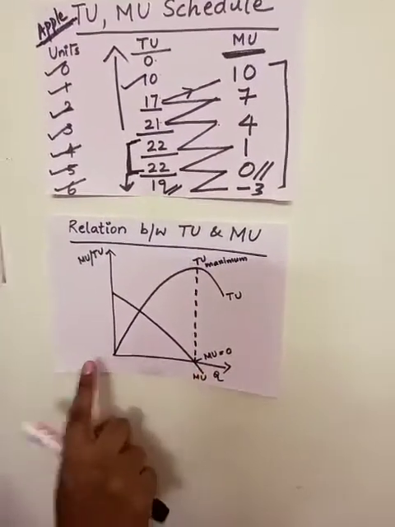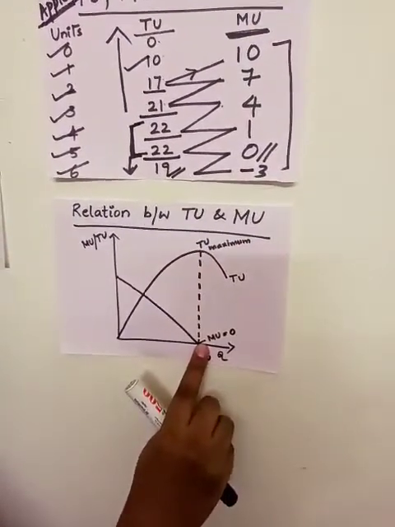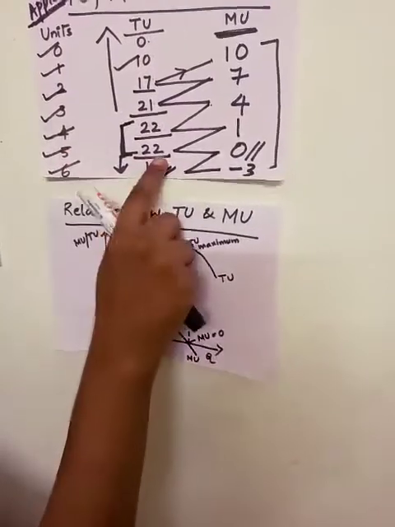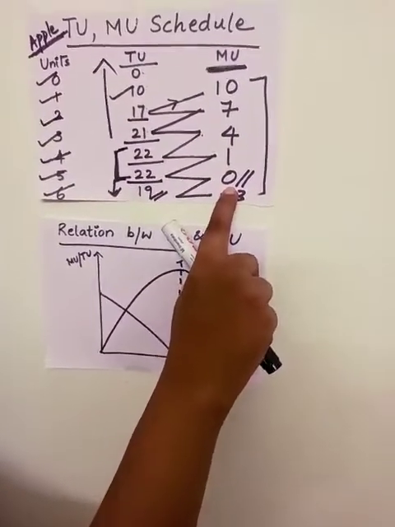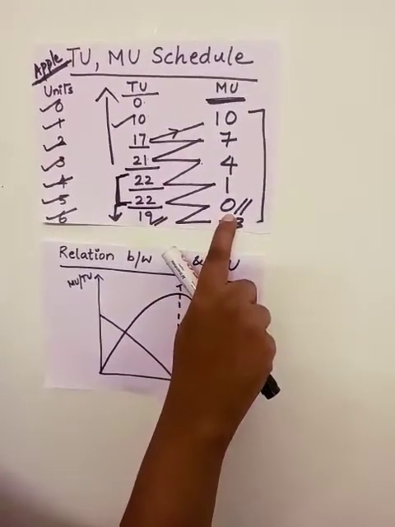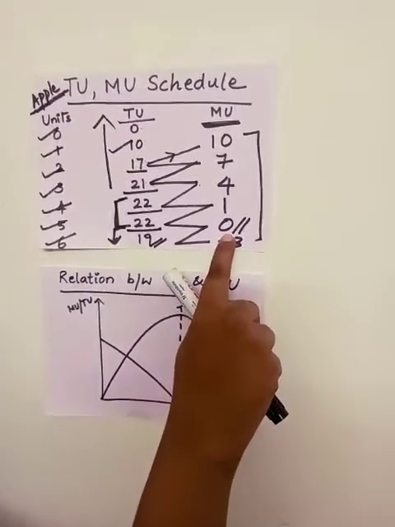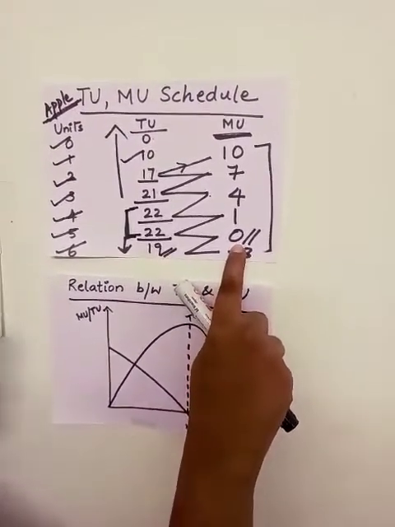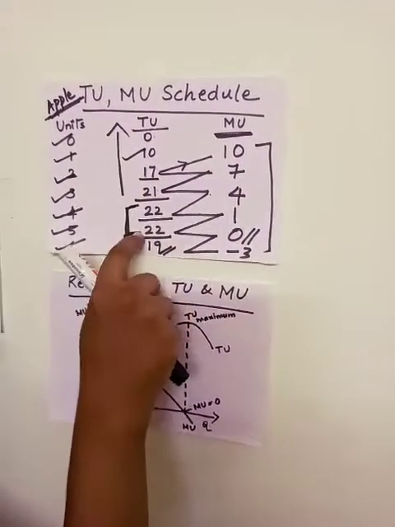When TU is maximum, MU is 0. That means if you are taking more and more units, you will never get an increased utility. It will fall. That is the meaning of MU equal to 0 when TU is maximum.